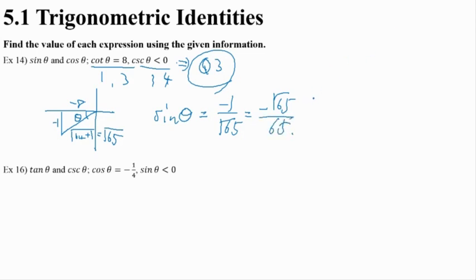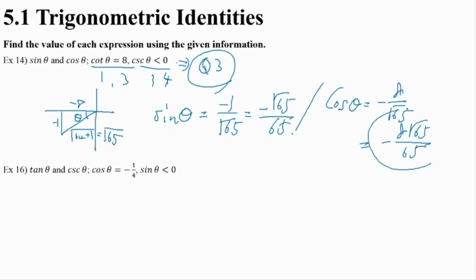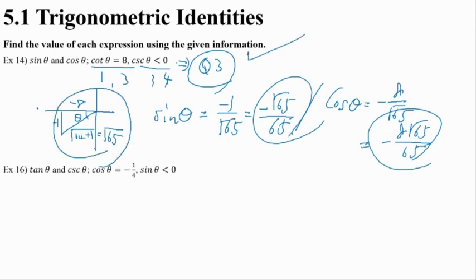Alright, and cosine theta, same idea, -8 over square root of 65. Rationalize: -8 square root of 65 over 65. Alright, same step. Find the quadrant and make a triangle because using the Pythagorean identity, find each value.